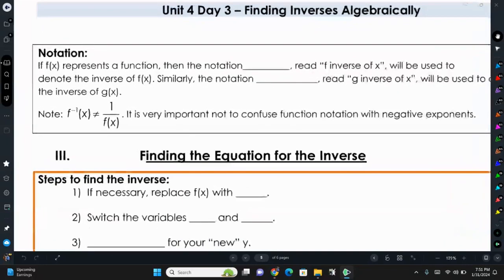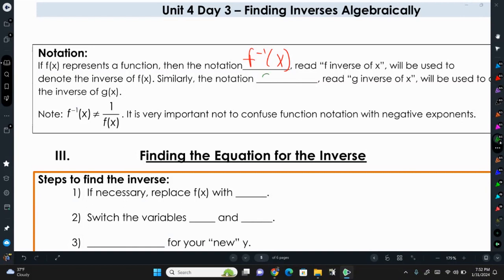And just a reminder that the notation f with that -1 that looks like an exponent is not actually an exponent. It's how we notate that function is the inverse of f of x.